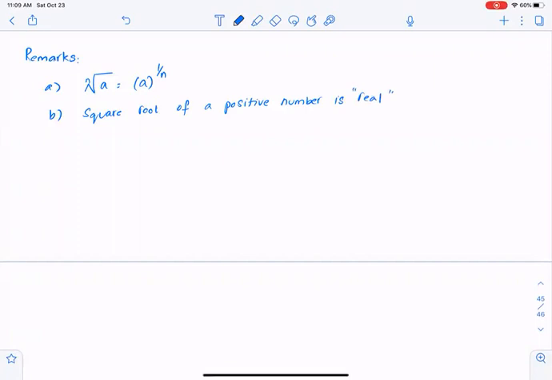Square root of a positive number is real. The answer will be a real number. But square root of a negative number is imaginary.